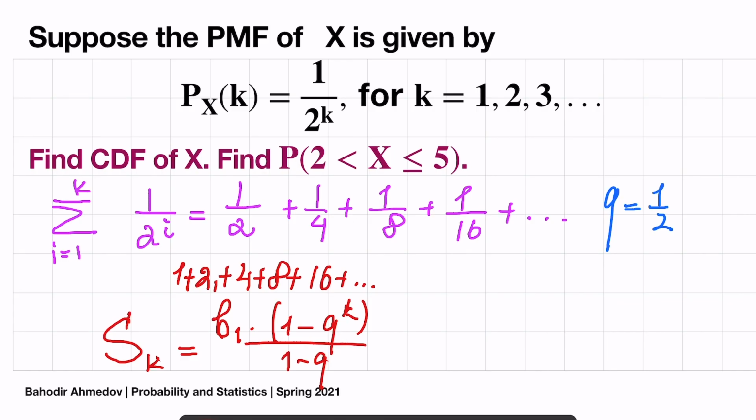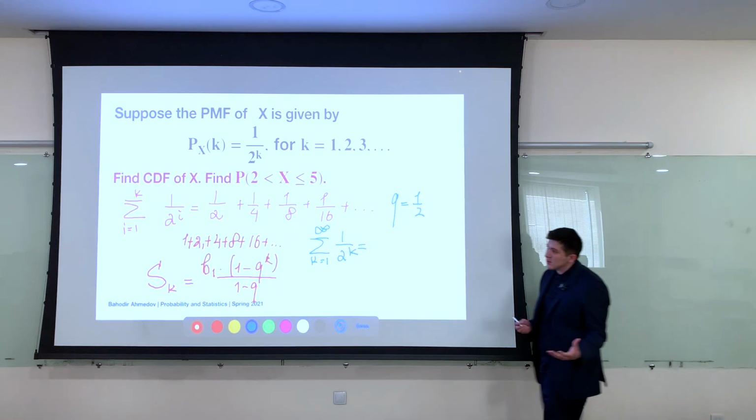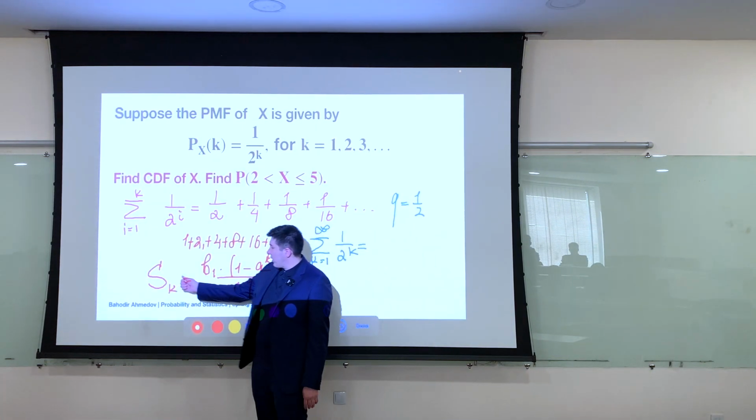What we need to show is that the sum of 1 over 2 to the power of k, with k going from 1 to infinity, is equal to 1, not just for the first k terms.